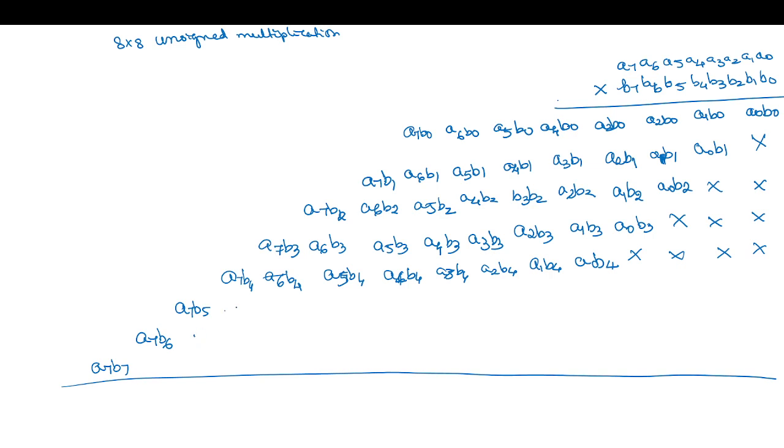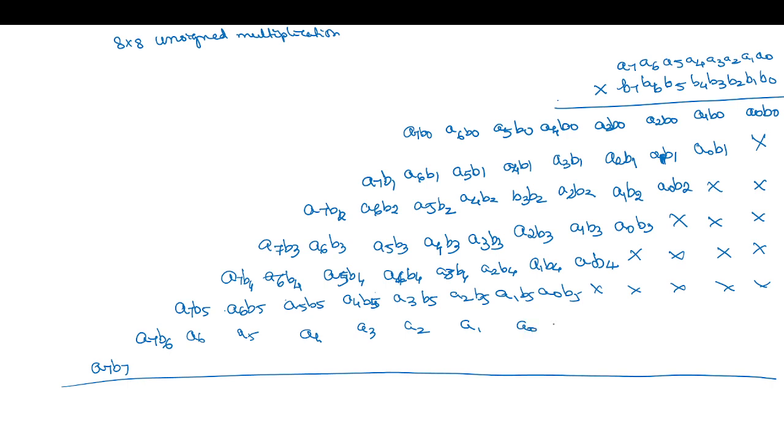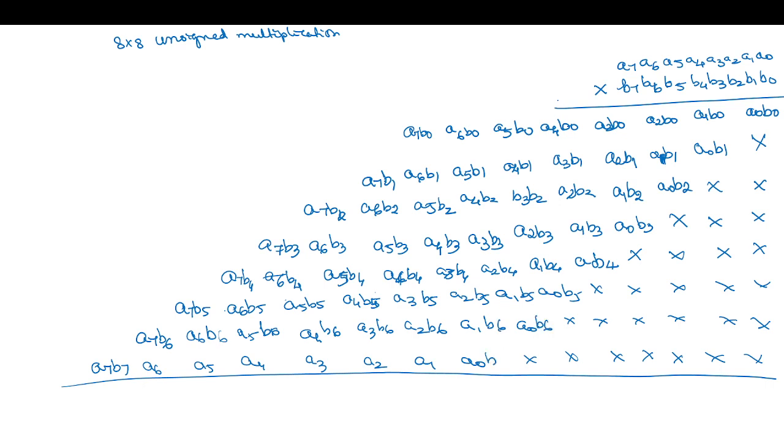Only 3 rows, so let us fill it. A6 B5, A5 B5, A4 B5, A3, A2, up to B7.